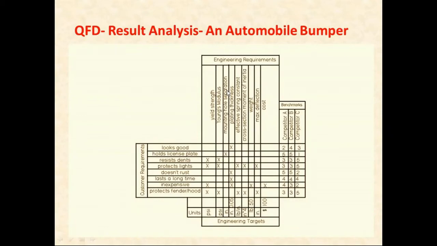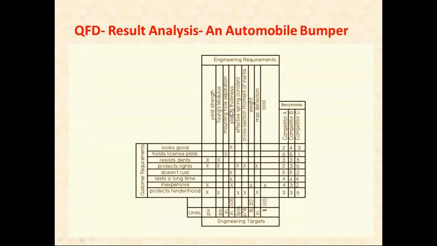So these are the engineering requirements: yield strength, Young's modulus, then mounting hole separation, plating thickness, effective spring constant, then cross section, moment of inertia, weight, and maximum deflection, as well as cost. So what I have found out as the customer requirements, I have converted into technical requirements.